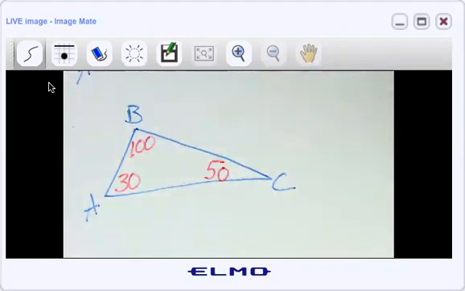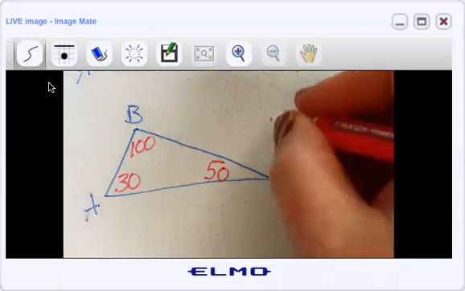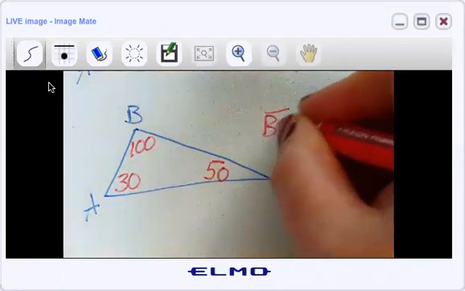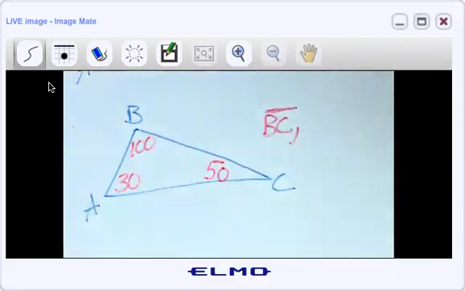All right, so now that I have all 3 angles, I want the smallest side. Elizabeth, tell me what the smallest side is. BC. Yes, BC. It's across from the smallest angle. So I start off with BC, and then who comes next, Mark?